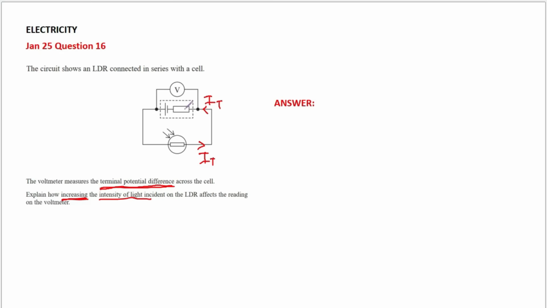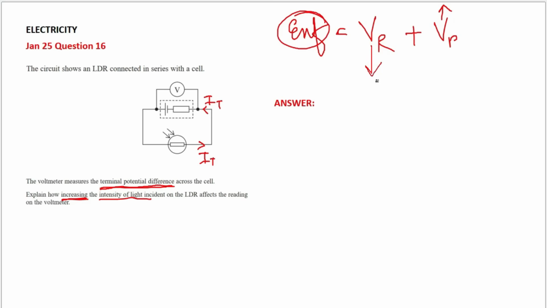Since EMF equals potential difference across the load resistor, which is basically the terminal PD, plus potential difference across the internal resistor, if this current increases, the potential difference across the internal resistance increases. To keep the EMF constant, the terminal PD decreases, and this V was actually showing the terminal PD. So the voltmeter reading should decrease.